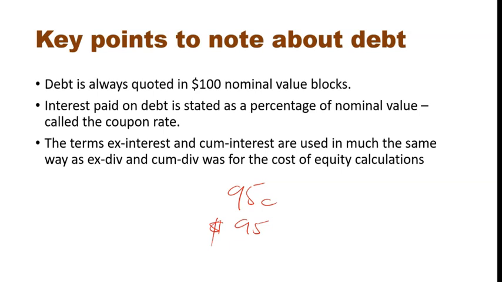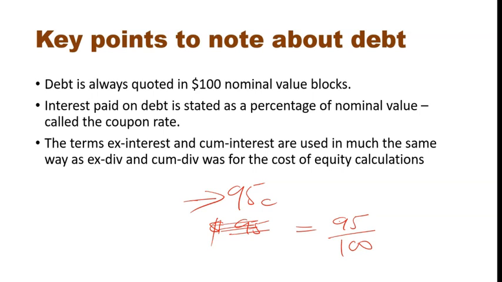This means that the debt is going for 95 over 100. When you are valuing this debt, you just have to say 95 over 100.